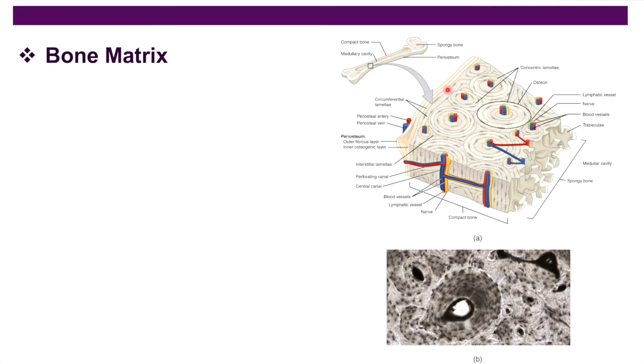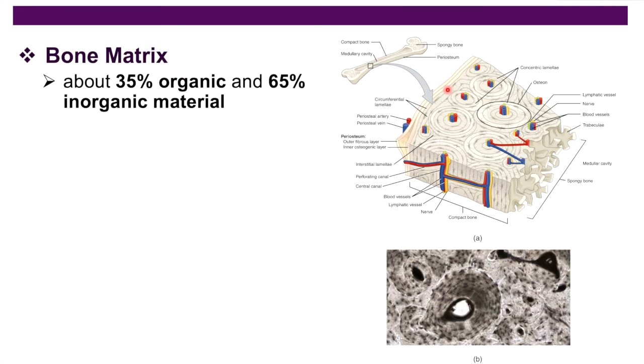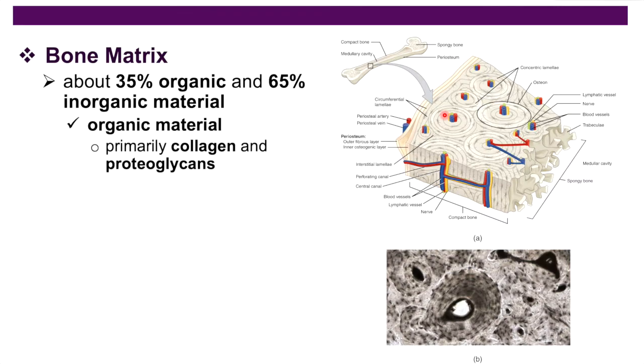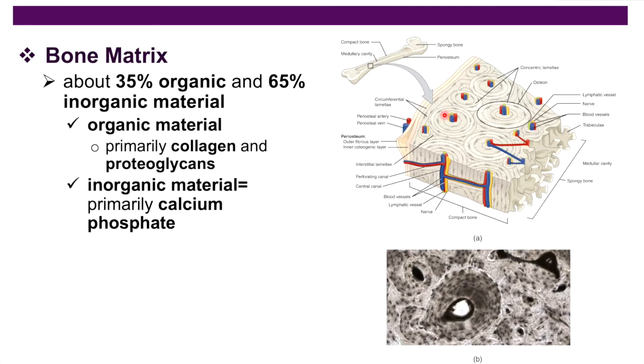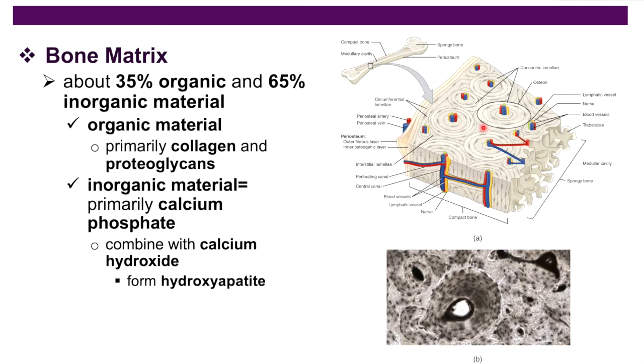A mature bone matrix is normally about 35% organic and 65% inorganic material by weight. The organic material includes collagen and proteoglycans, while the inorganic material consists primarily of calcium phosphate, which combines with another mineral salt, calcium hydroxide, to form crystals of hydroxyapatite.